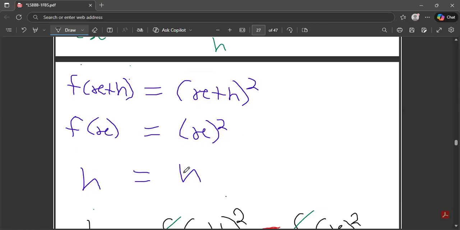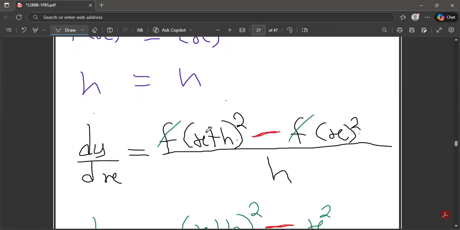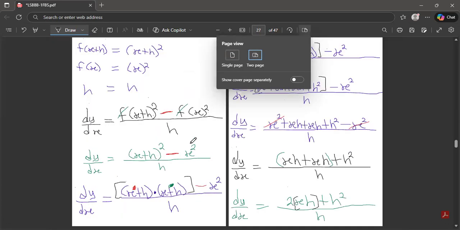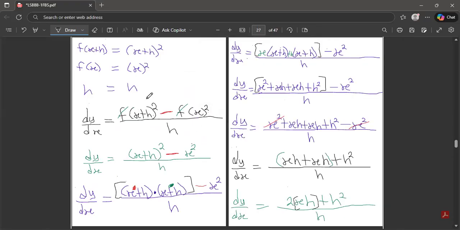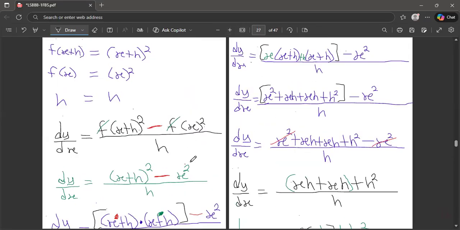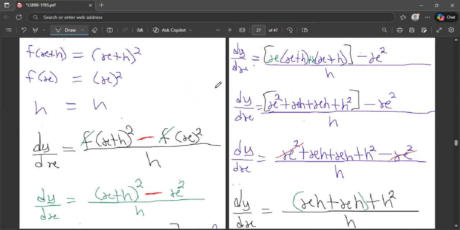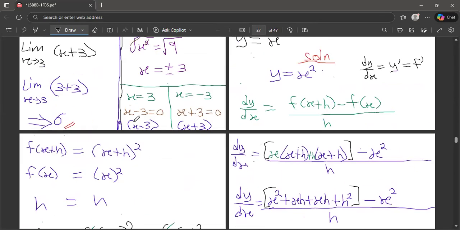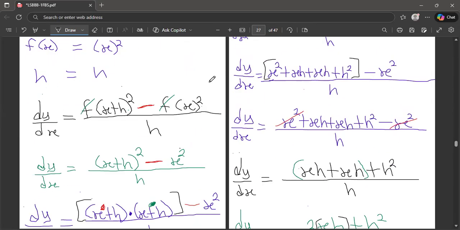And that is why you are seeing h over here. From the same formula we saw, I still repeated the same thing. I hope you can see where I am, please. Yes, please. So from the same formula you saw over here, I still came to repeat the same formula over here, dy/dx.